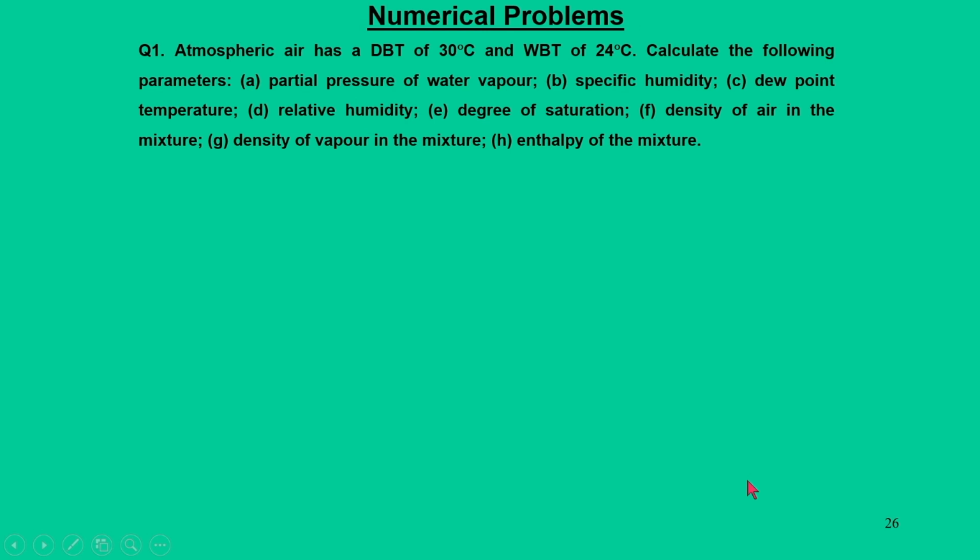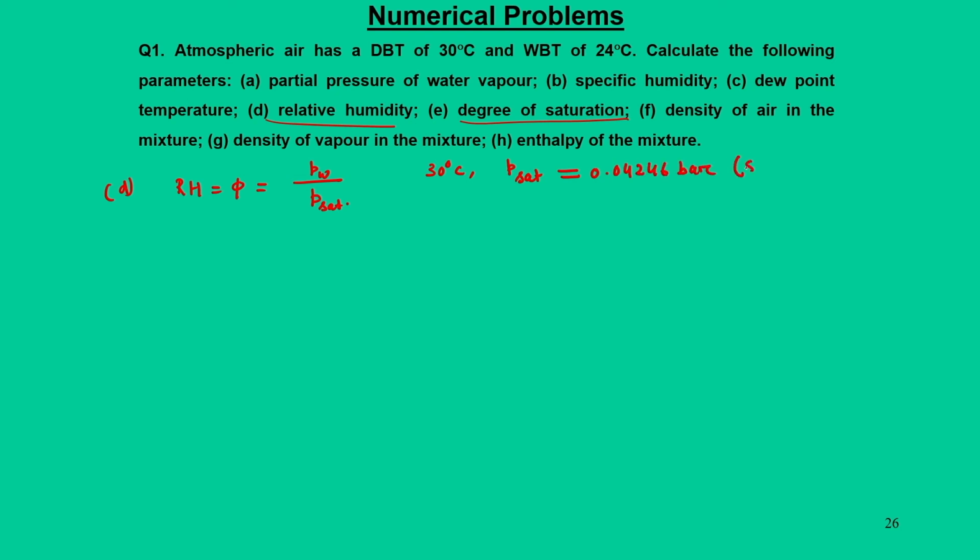Okay. The next thing is we have to find out relative humidity RH, that is phi, that is nothing but Pw by P saturated. Now, P saturated means at 30 degree centigrade. So, the steam table at 30 degree centigrade will give you P saturated as 0.04246 bar.